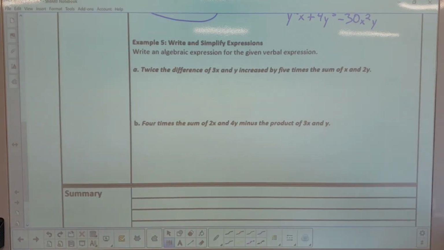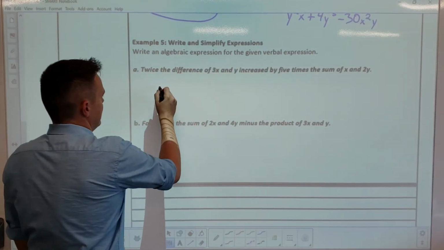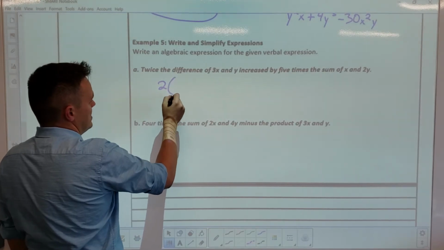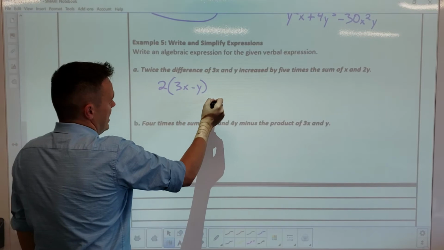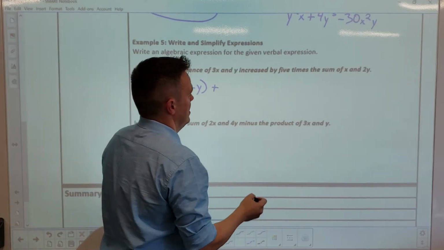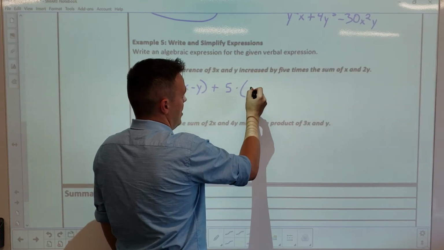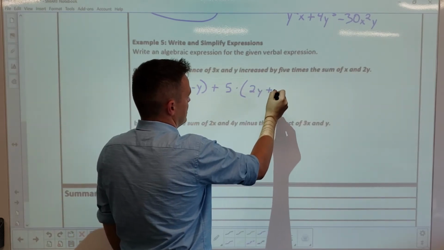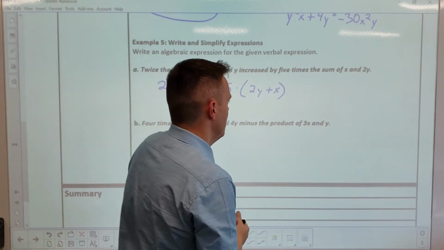Use the expression twice the difference of 3x and y. Difference is subtracting. Increased should be adding by 5 times the sum of 2y plus x. Does it matter how I wrote that? Really doesn't. But that would be the setup.